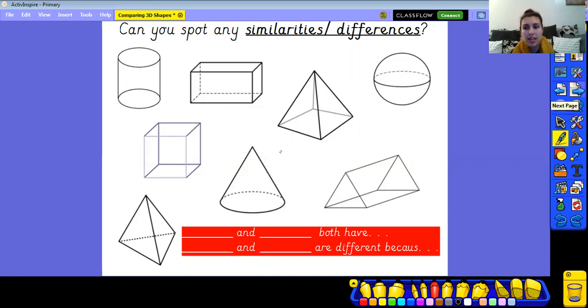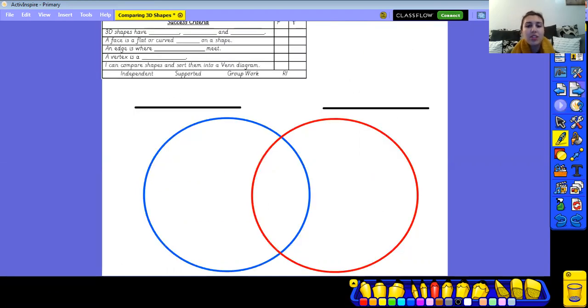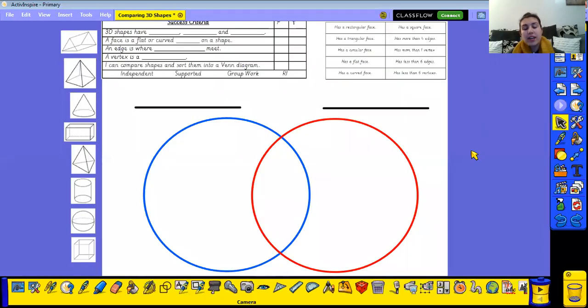So well done if you said any of those, and well done also if you said anything different that I haven't thought of. So what we're going to do then is put these into our Venn diagram. With our Venn diagrams, just like last time, this blue circle represents one category, our red circle represents a different category, and if something falls into both categories, then it belongs in the middle of our Venn diagram.